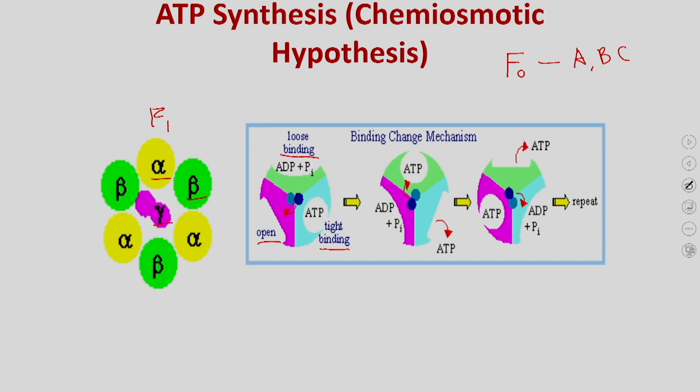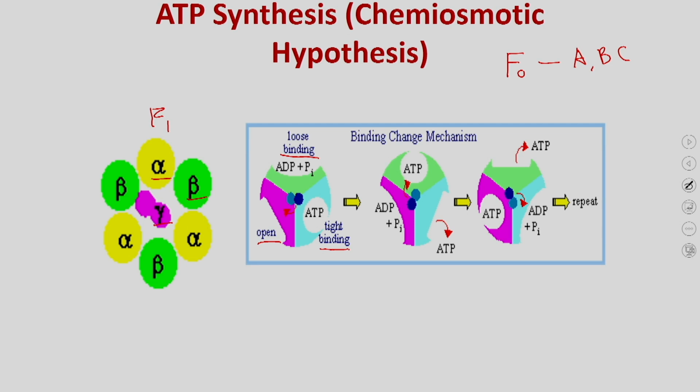Now, the question comes, how is this actually happening? As I said, you have the membrane bound complex, and on this side you have a large quantity of H plus.